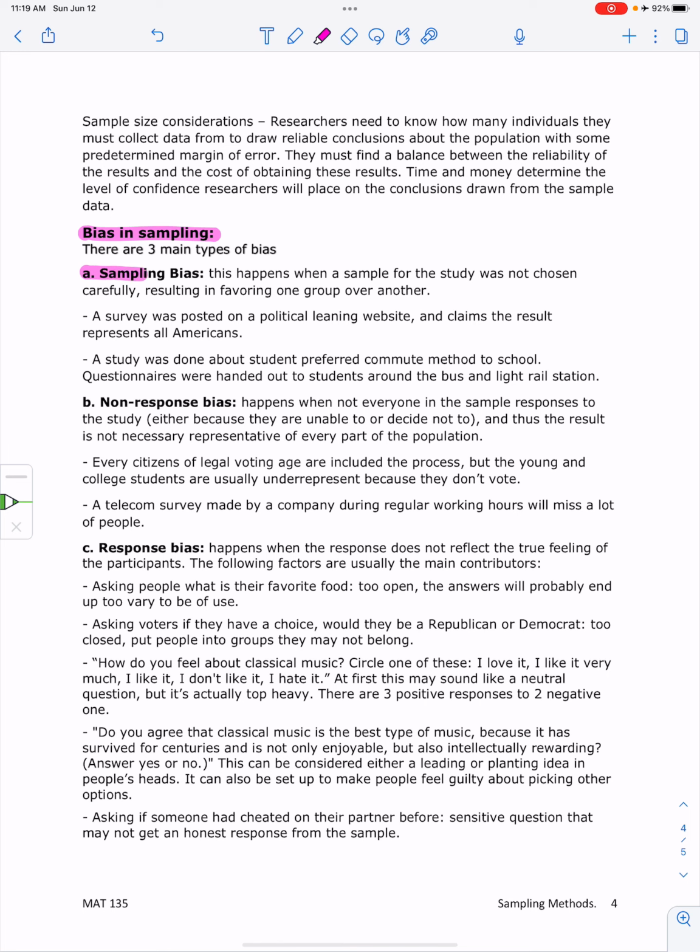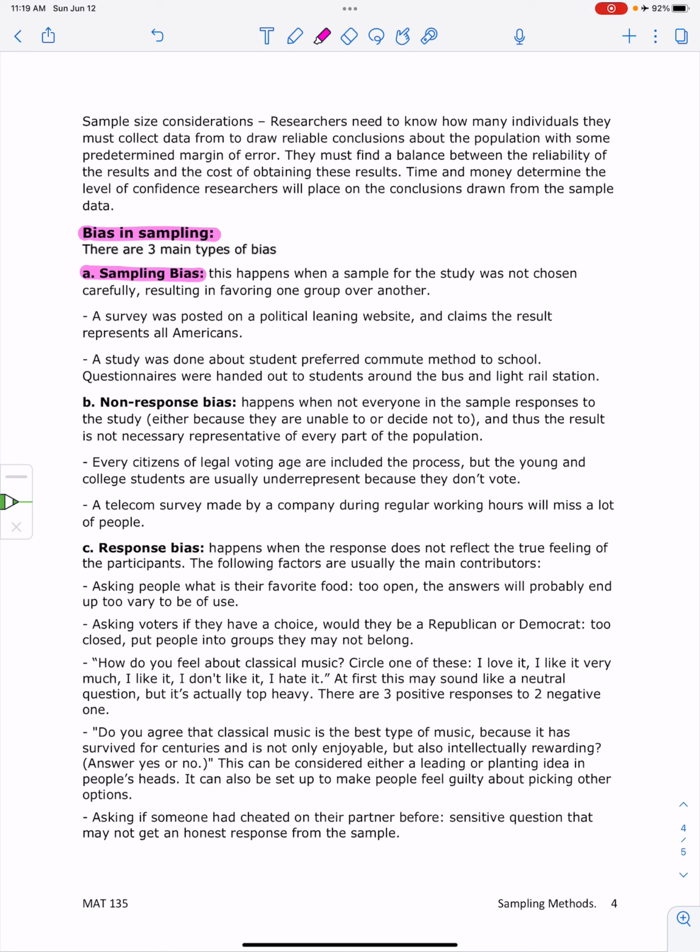We have sampling bias. If there is a flaw in the way that the sample was chosen, we may accidentally favor one group over another.